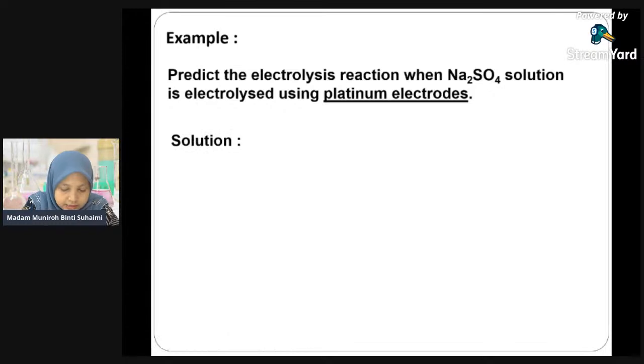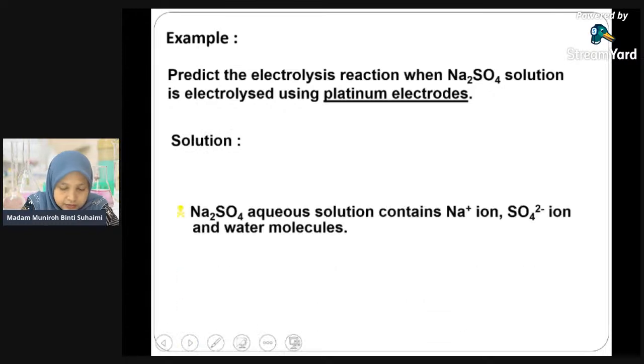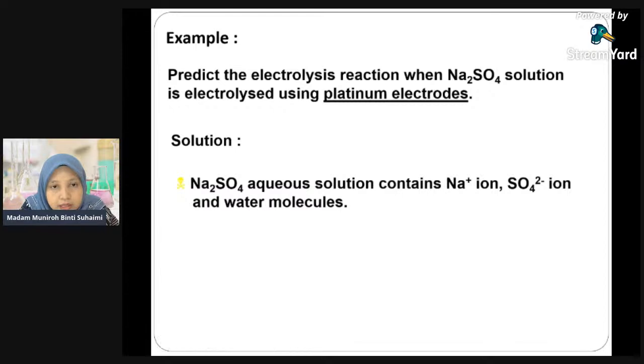Next example. If we use a platinum electrode, platinum is an inert electrode. Inert means not active, electrode that is not active.